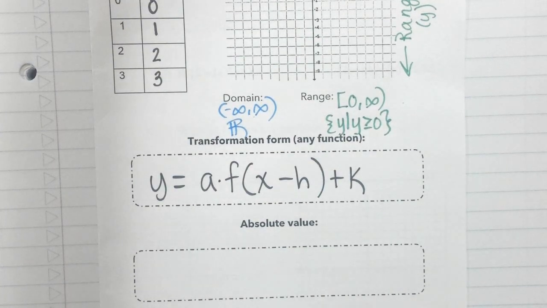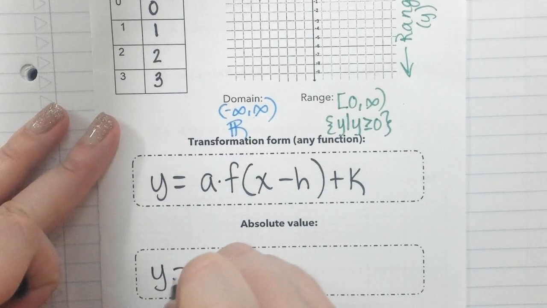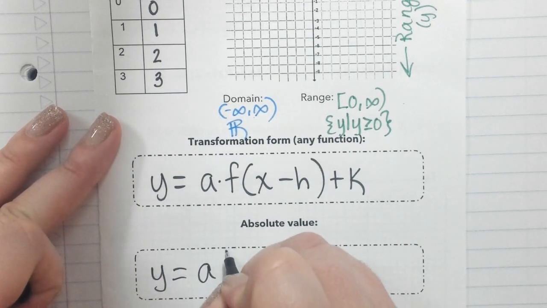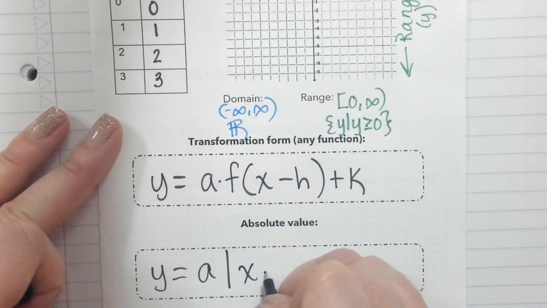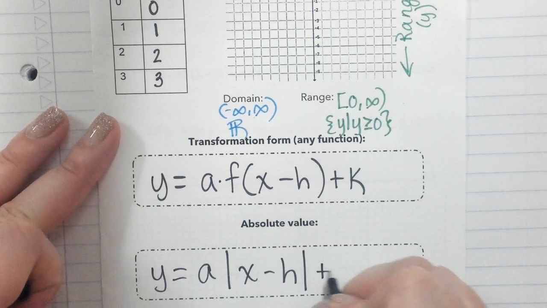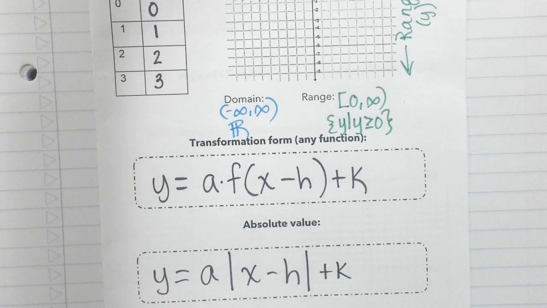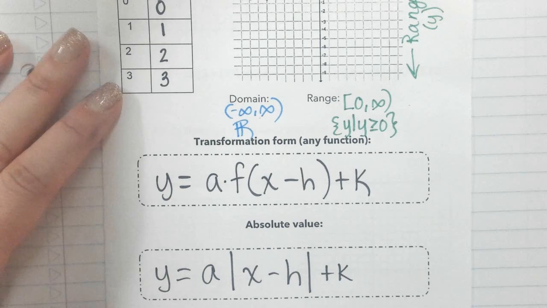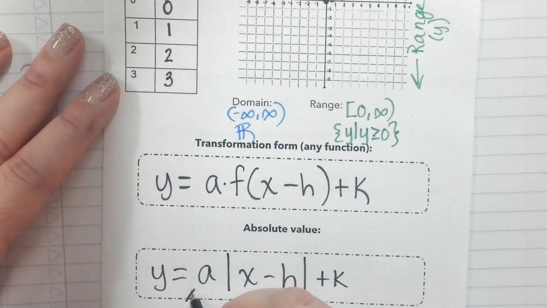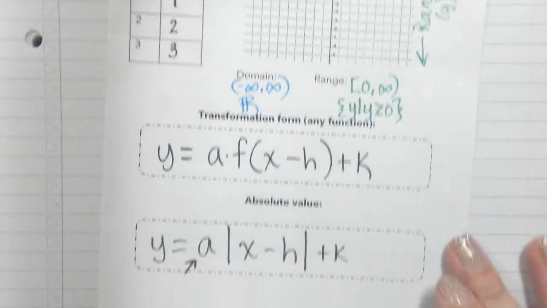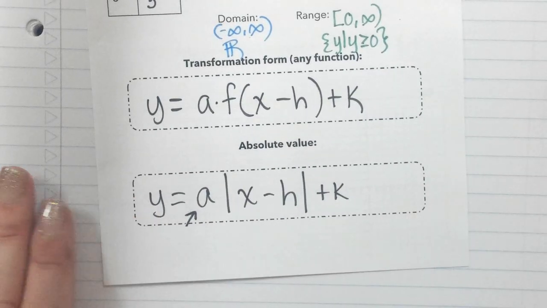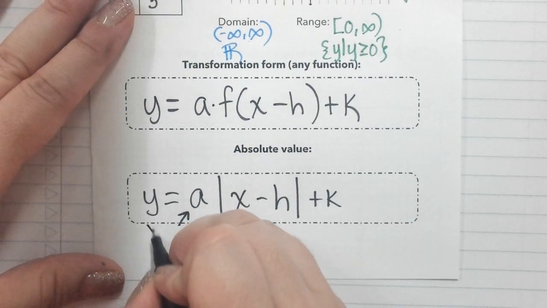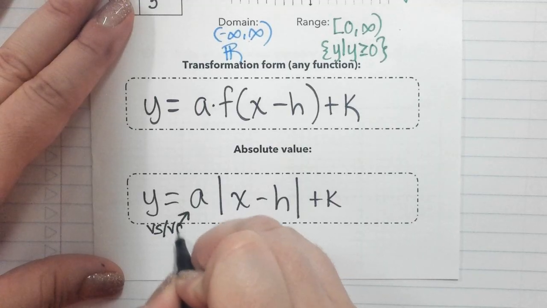So specifically, what that looks like for absolute value is y equals A times the absolute value of x minus h plus k. A is your vertical stretch or your vertical compression.